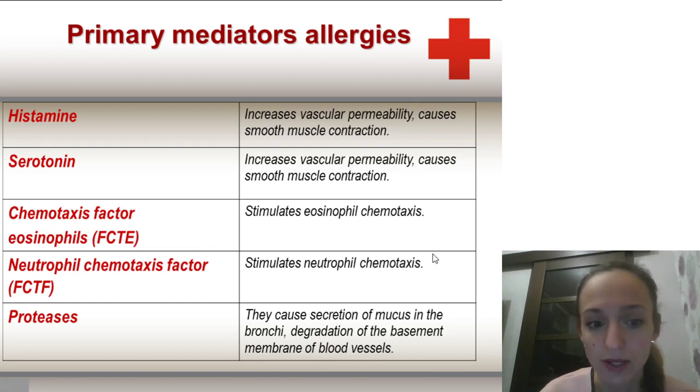Chemotaxis factor of eosinophils stimulates eosinophil chemotaxis, and neutrophil chemotaxis factor stimulates neutrophil chemotaxis. Proteases cause secretion of mucosa and degradation of the basement membrane of blood vessels.